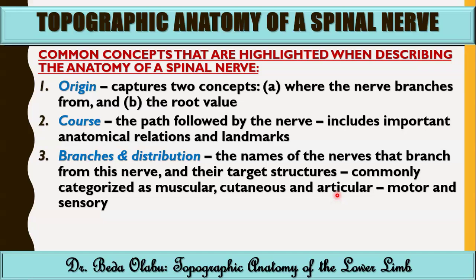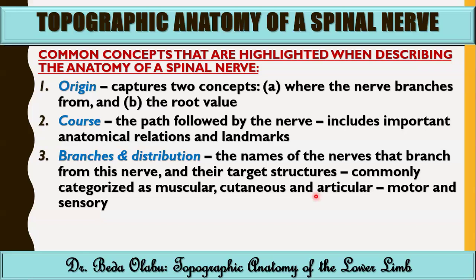So again, generally speaking, the sensory branches are usually divided into cutaneous and articular branches. And we rarely talk about sensory branches to muscles because most of the time muscular branches have within them the motor and the sensory components for that particular muscle.